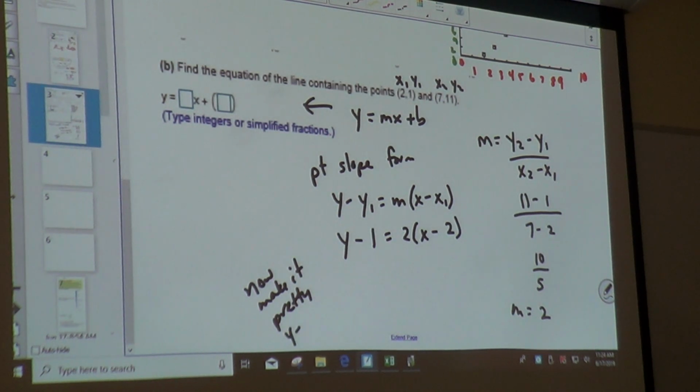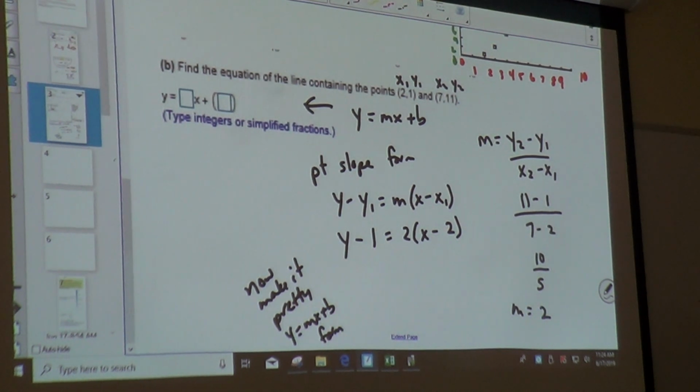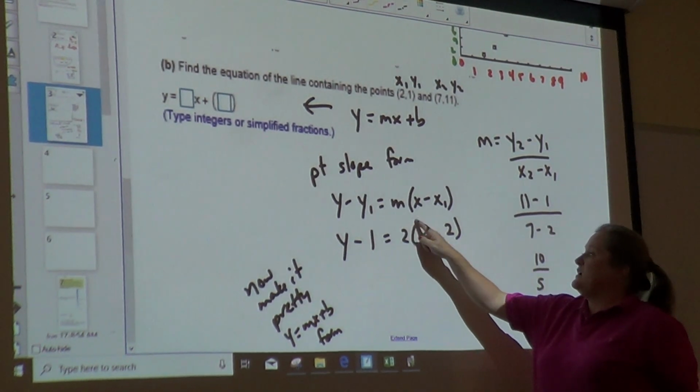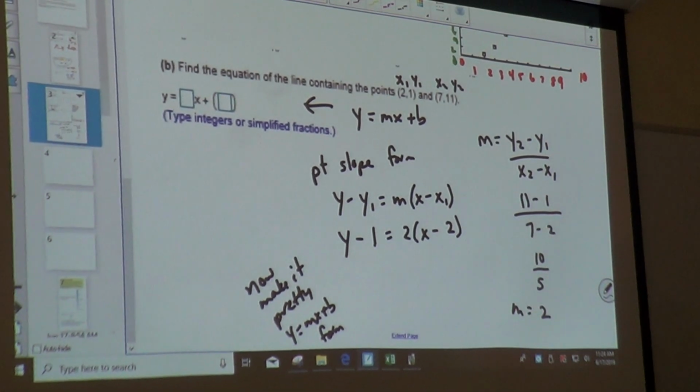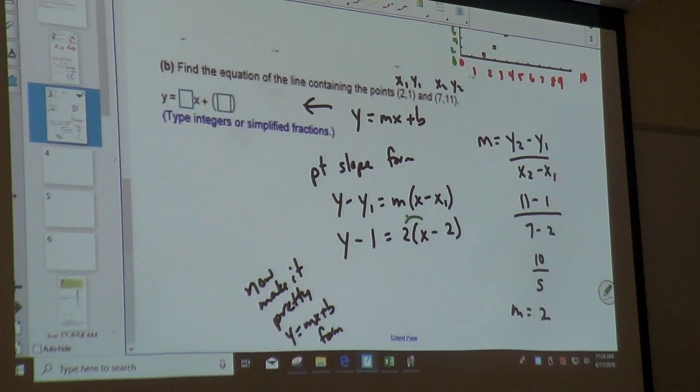They want you to put it in y equals mx plus b form. So they want you to distribute and they want you to rearrange so that y is by itself. So when we distribute, what does the backside give us? What does that give us? 2x minus 4.